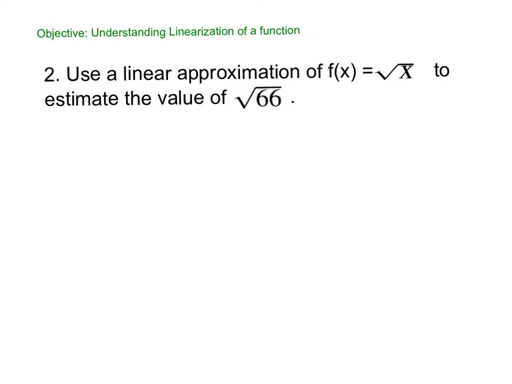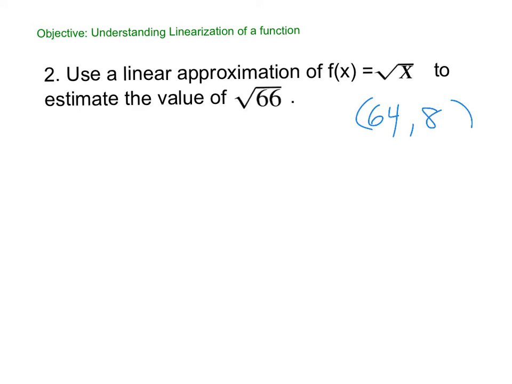All right, so try this one on your own. So we need a point. This one is a little tricky. Use a linear approximation for f equals the square root of x to estimate the value of the square root of 66. Notice it doesn't give us a point. So you want to think what point is close to 66 that we know. Well, if I took the square root of 64, I get 8, right?